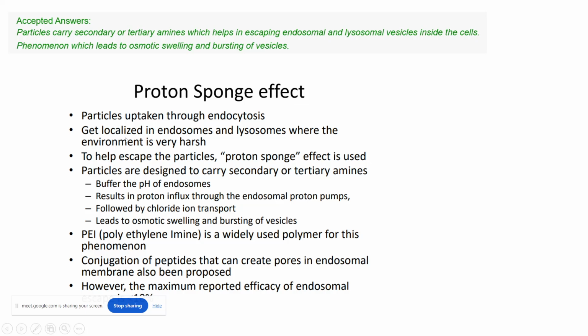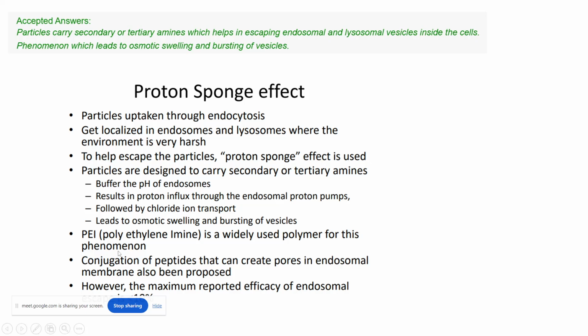So to escape from that lysosomal compartment into the cytosol, they use something called the proton sponge effect, where you can design your particles such that they carry secondary and tertiary amines, and that will buffer the pH of the endosomes and will result in proton influx through the endosomal proton pumps, followed by chloride ion transport, which leads to osmotic swelling and bursting of those vesicles, and ultimately your particles will be out of those compartments into the cytoplasm.